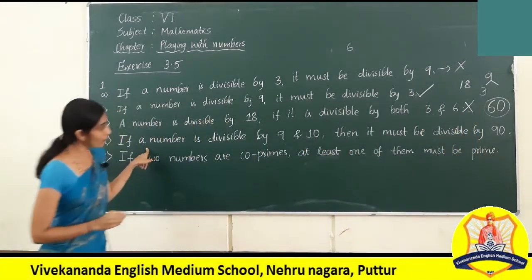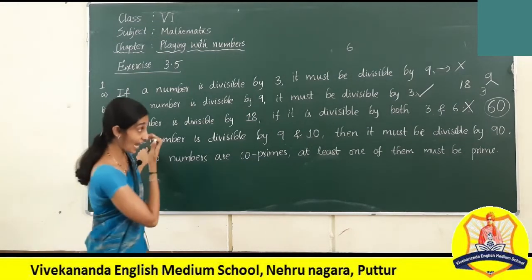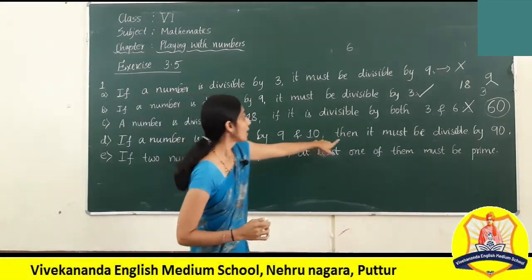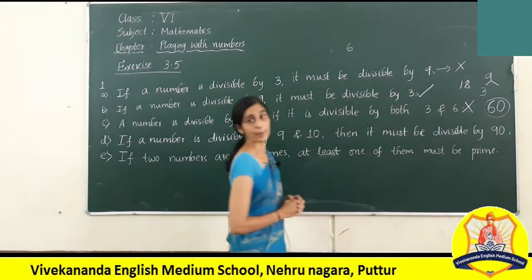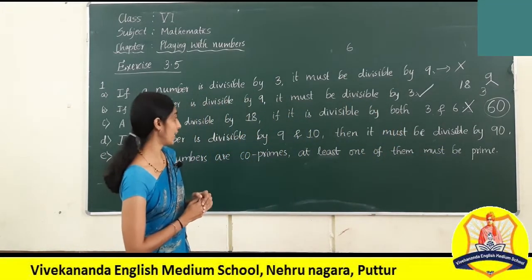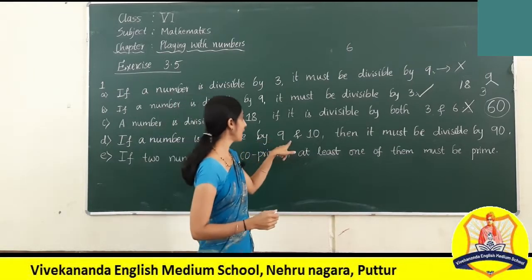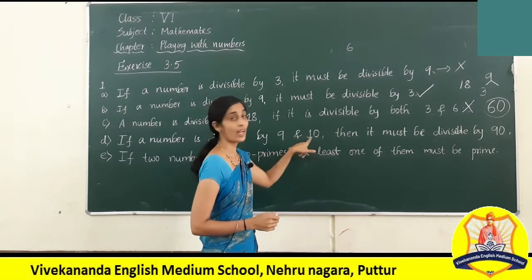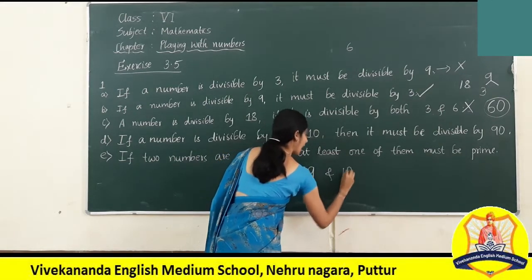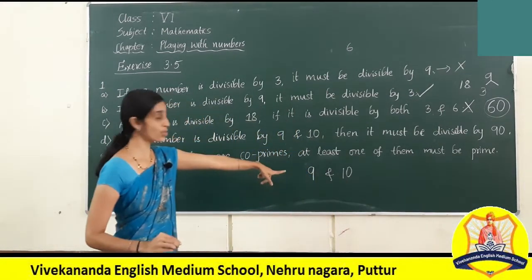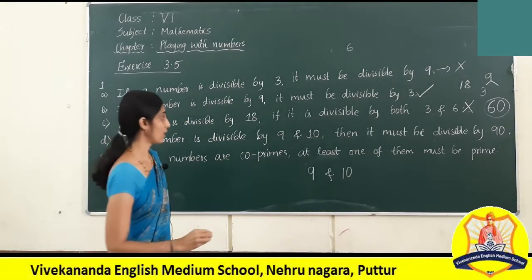Next, if a number is divisible by 9 and 10, then it must be divisible by 90. If a number is divisible by 9 and 10, we should check whether these two are co-primes.